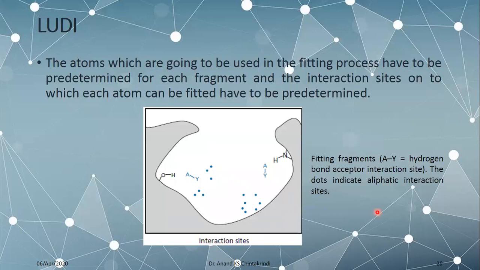The atoms which are going to be used in the fitting programs have to be predetermined for each fragment, and the interaction sites onto which each atom can be fitted also have to be predetermined. That means you have to predetermine what interaction sites you want to generate and what ligand atoms you want to construct.